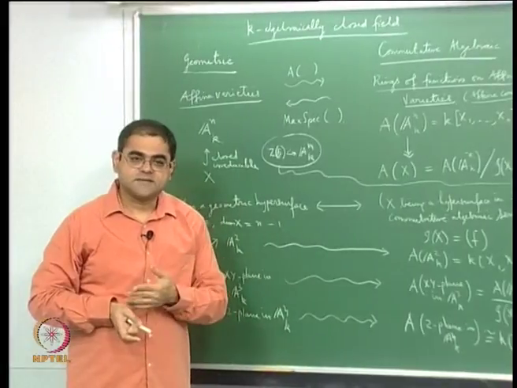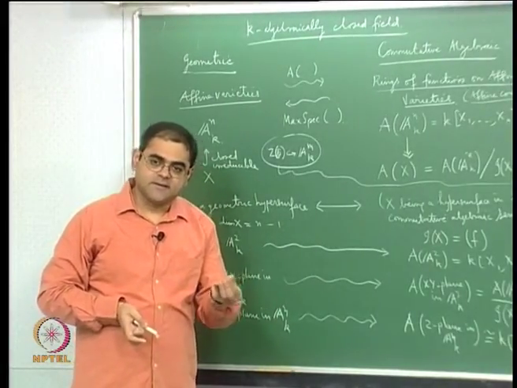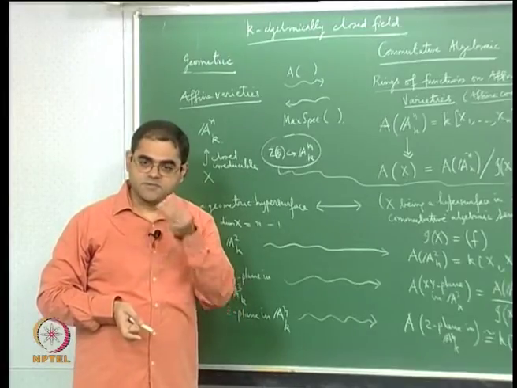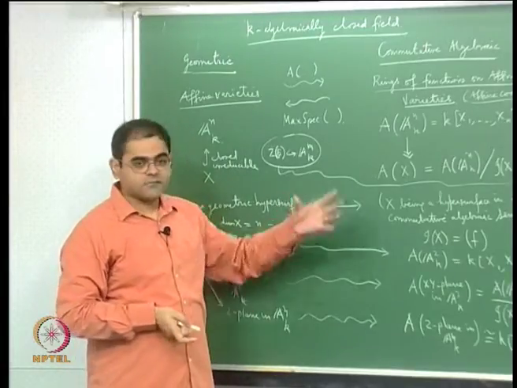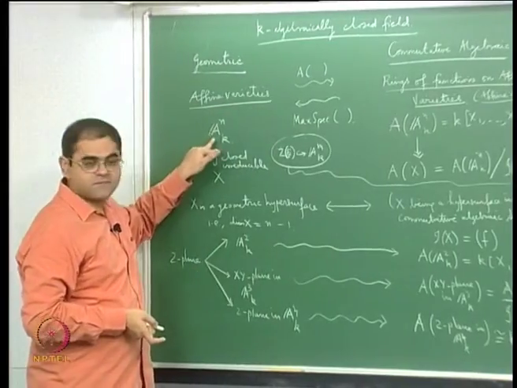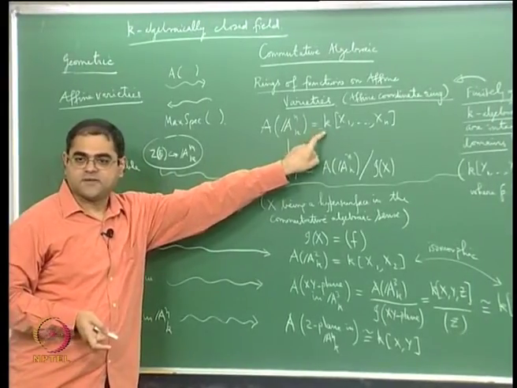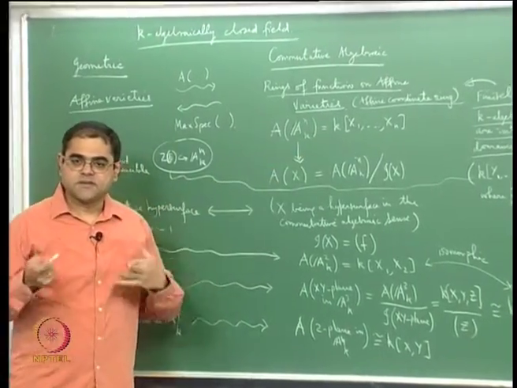So the Nullstellensatz is not just a set theoretic bijection, it is a homeomorphism. Even if I don't have this side, I can get back my affine space by simply taking max spec of the polynomial ring in n variables. That is a beautiful thing.